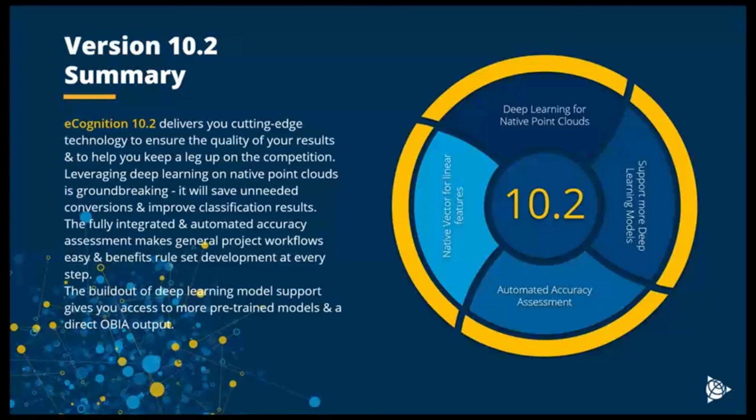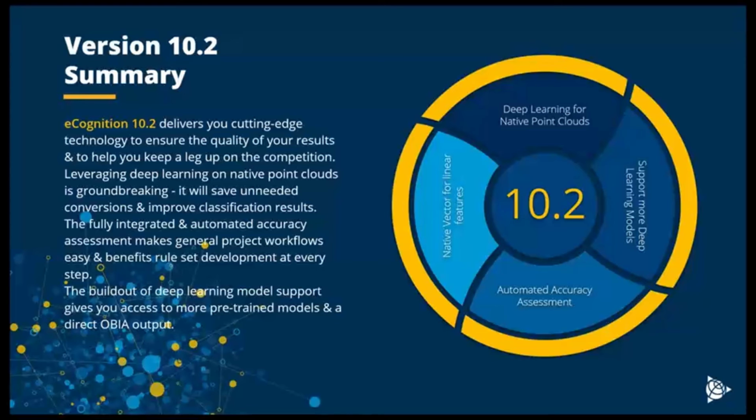That is that, and just a quick summary of 10.2. It's going to deliver the cutting-edge technology you've come to expect from eCognition to ensure the quality of the results, keeping you a leg up on the competition without that steep learning curve. The deep learning on native point clouds is the groundbreaking new technology that we've integrated into eCognition, and it saves a lot of unnecessary conversions between different file formats.